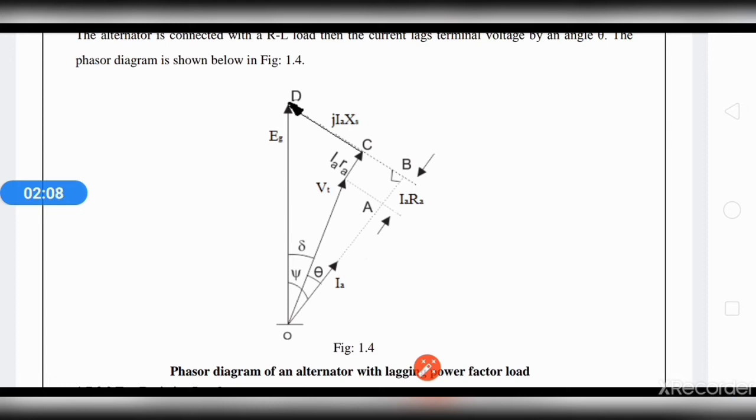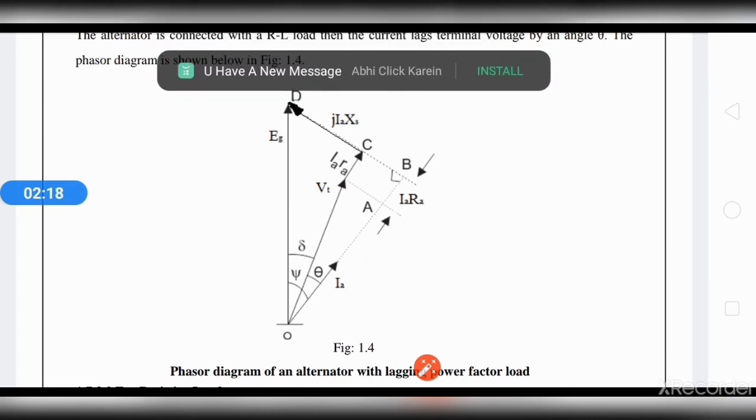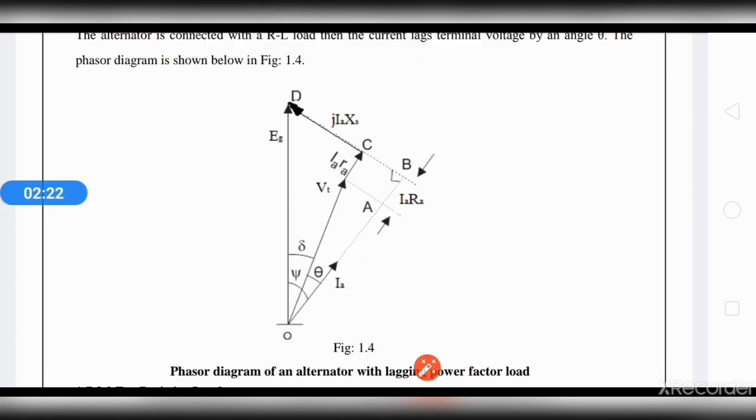If we move ahead, we can see that the terminal voltage is behind the generated EMF, and the generated EMF is the sum of the armature resistance drop and the reactance drop plus the terminal voltage.